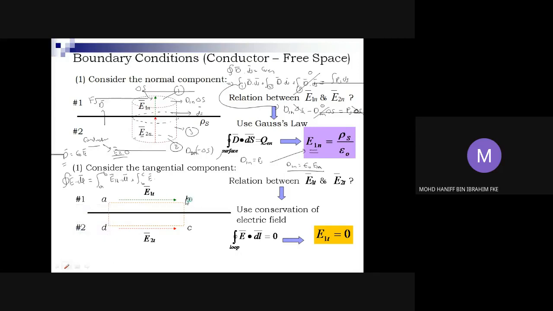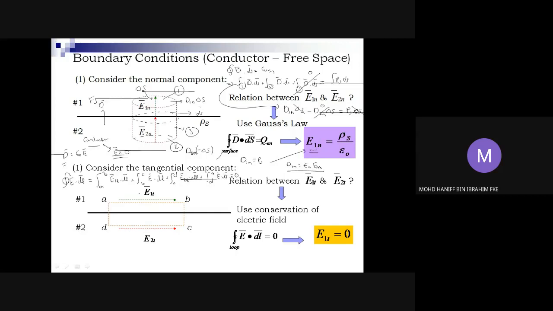Because from B to C we have two contributions of E field, from E1T and also from E2T, so I just put it in general to be just E. Then from C to D, we have E2T dot dl. Then from D to A of E dot dl equals 0.